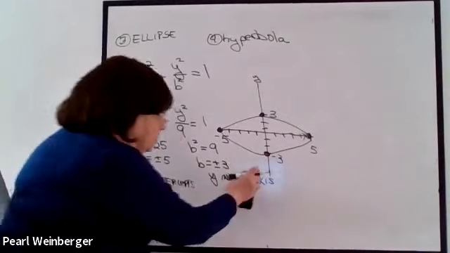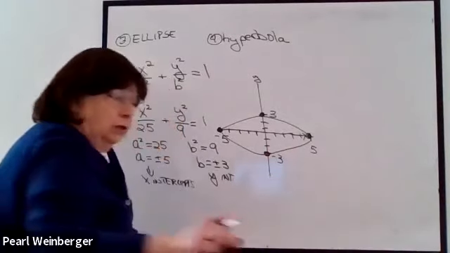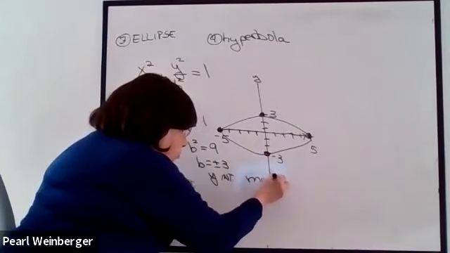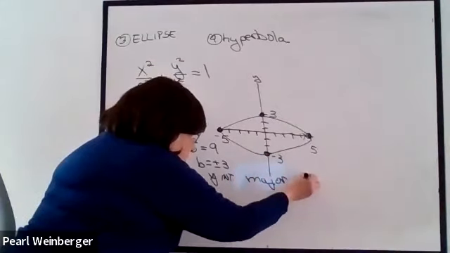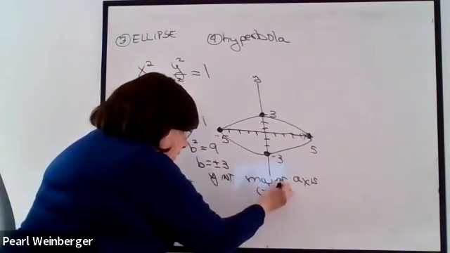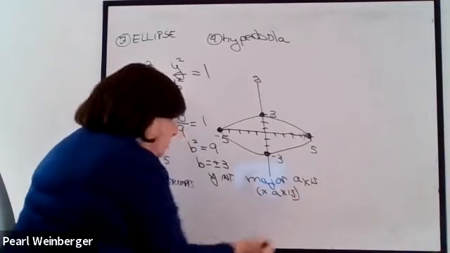In our case, the major axis is the one that's along the x-axis. It happens to be the horizontal axis.